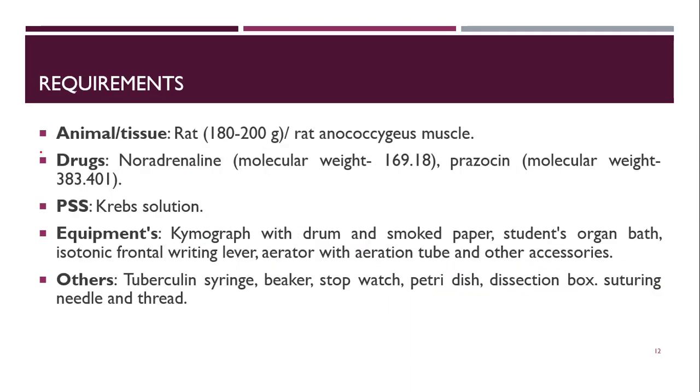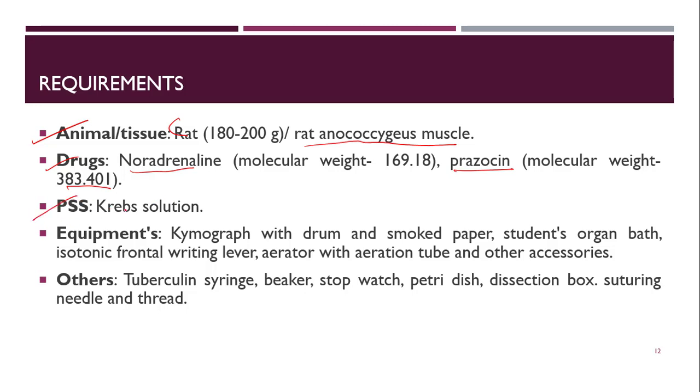Okay, so the requirements. The animal which we require is a rat, whose weight should be between 180 to 200 gram, and the tissue which we will be isolating is the rat anococcygeus muscle. The drugs which we will be using are noradrenaline, whose molecular weight is 169.18, and prazosin, whose molecular weight is 383.401. Why do we require the molecular weight to be mentioned? In order to prepare the stock solution, we require molecular weights.